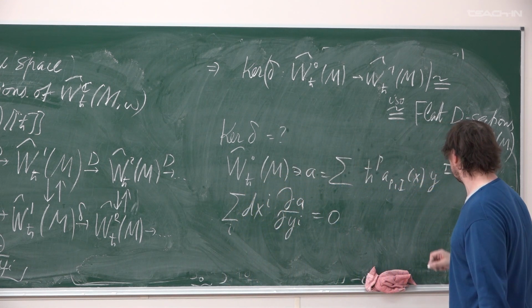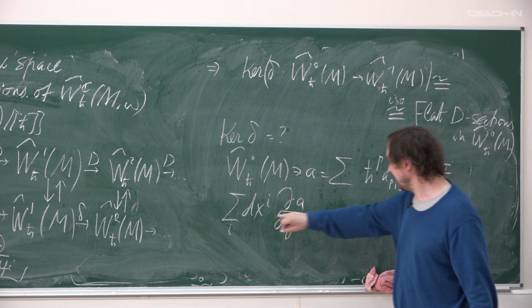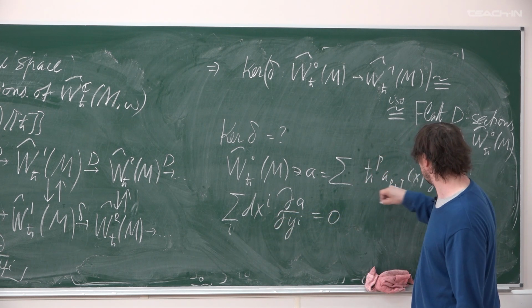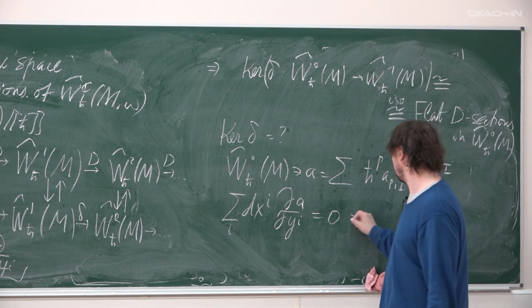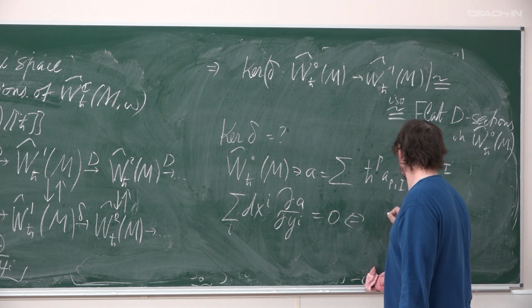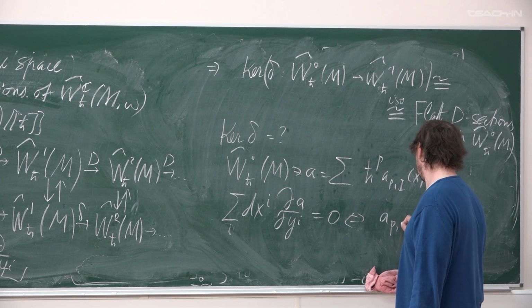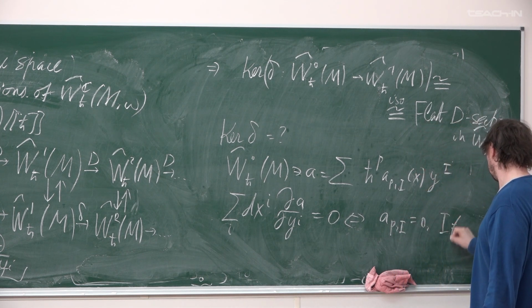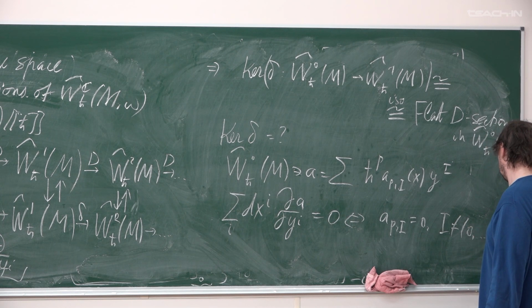But since all the xi are linearly independent, it only happens when this expression does not depend on yi. And that means that a_pI is equal to 0 for I not equal to 0, 0, 0.